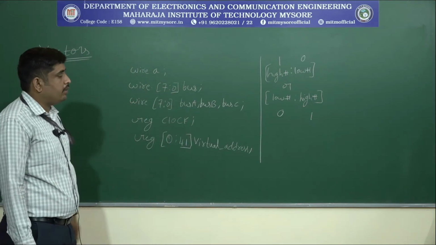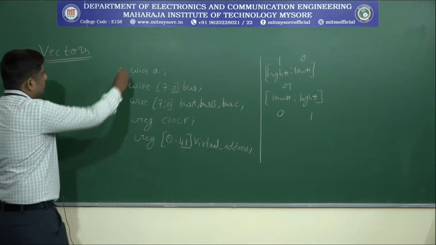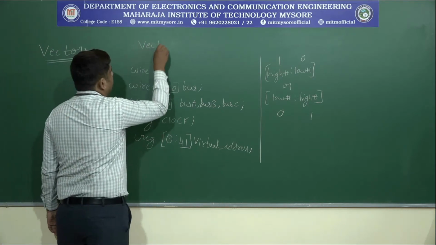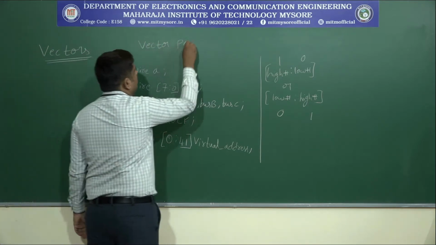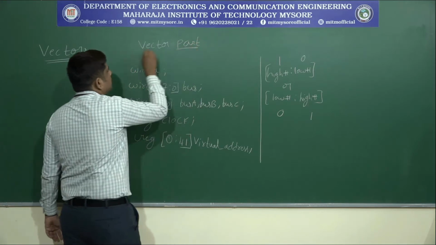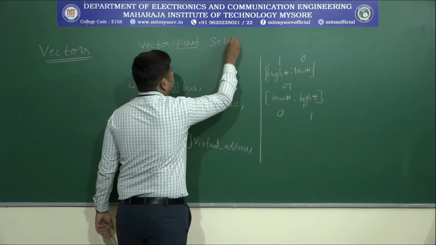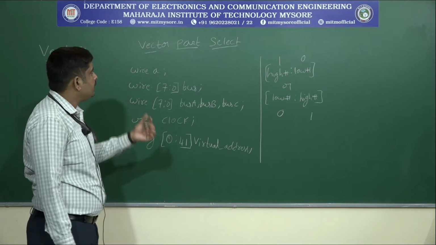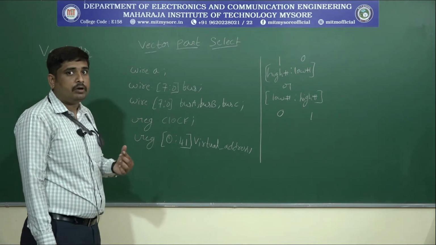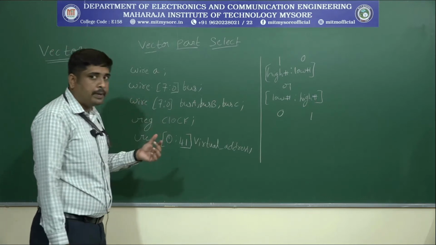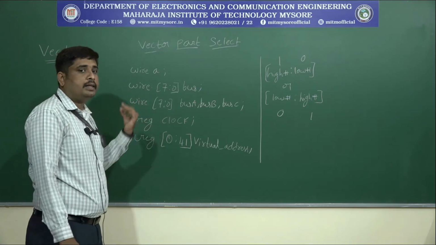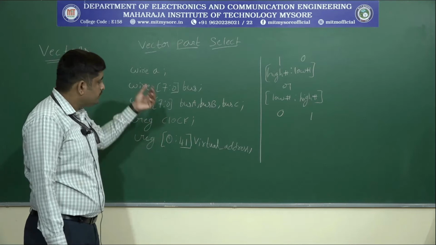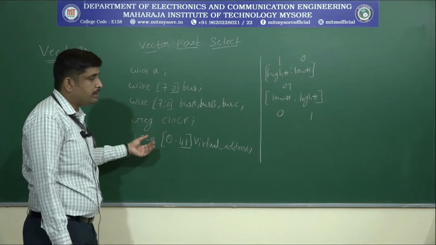Another feature of Verilog is vector part select. It means we have to select a particular bit, or we have to select either the MSB or the LSB part. Let us consider this example.